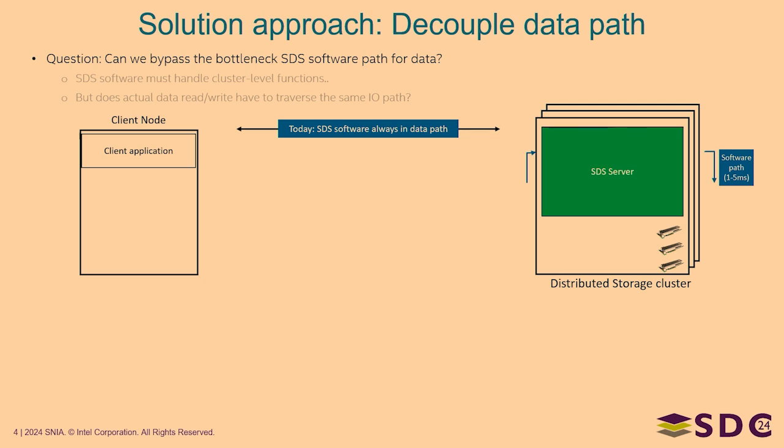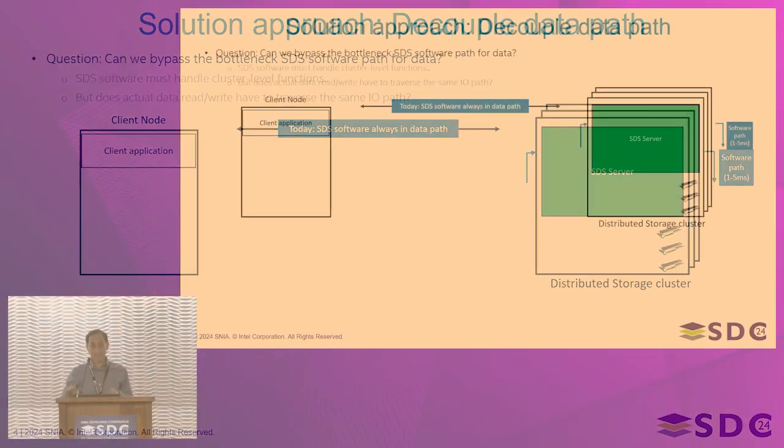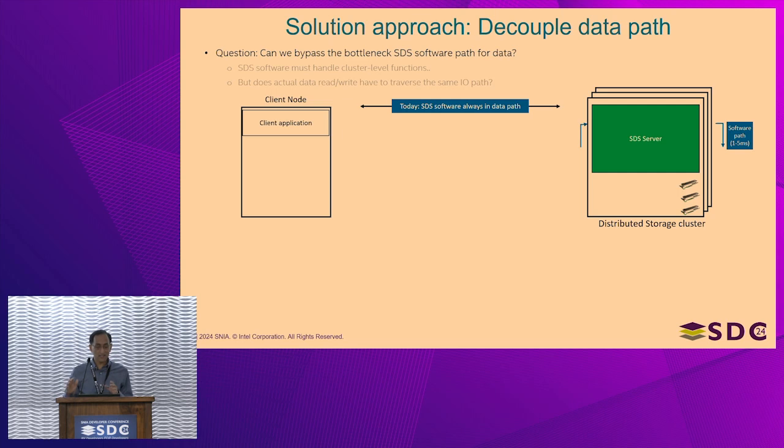And our approach, the solution approach here, was to look at decoupling the data path in SDS. So the question essentially was, can we completely bypass the SDS software stack for I/O requests? The SDS software still will handle all the control functions, right?